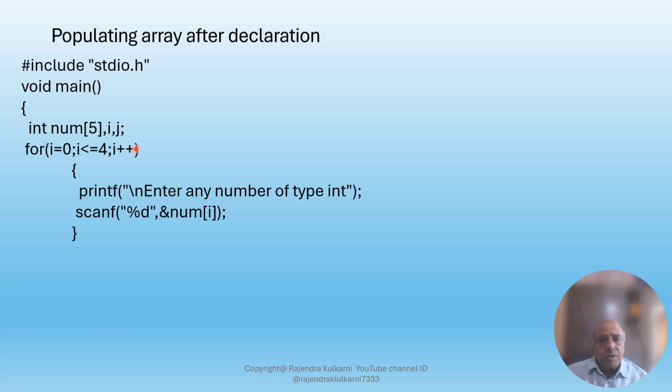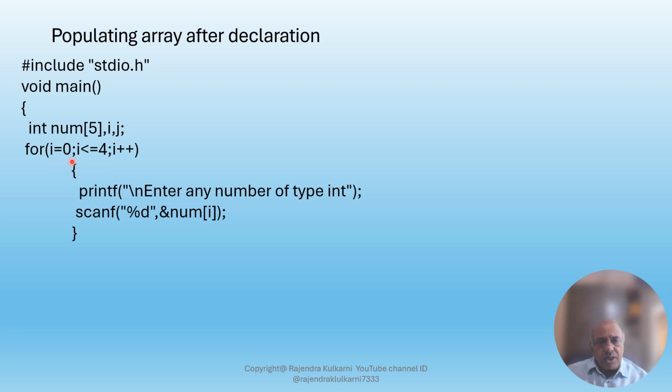Then a for loop which goes up to i equal to 4, and a printf statement prompting the user to type a number on the keyboard, and that number is being assigned to the array elements through this statement, scanf %d and ampersand num[i]. So as the value of i changes, the array element will be accessed as per the value of i at any given time when the loop is running.